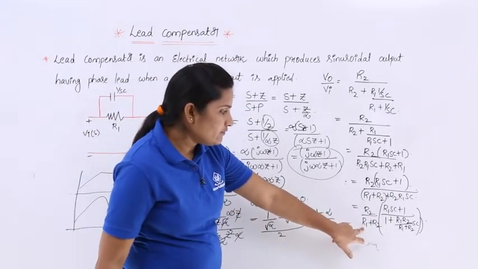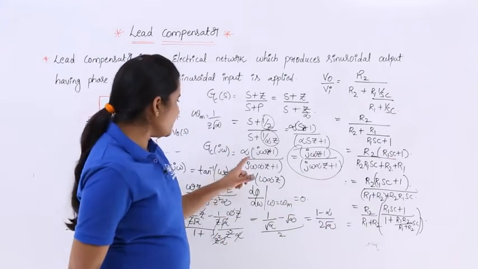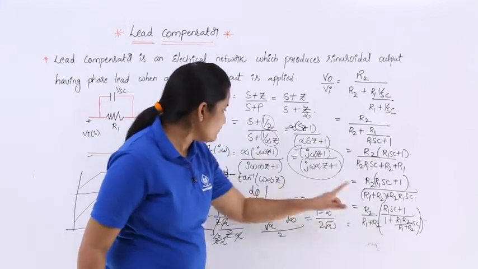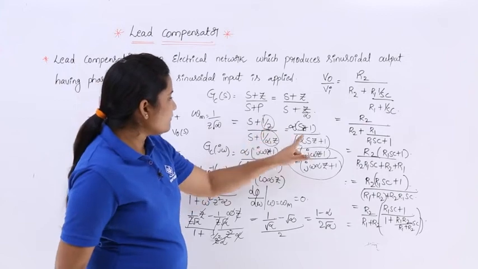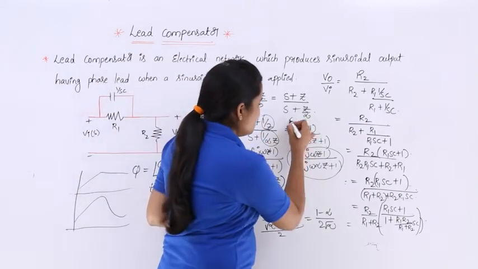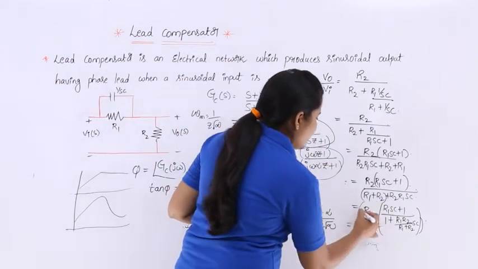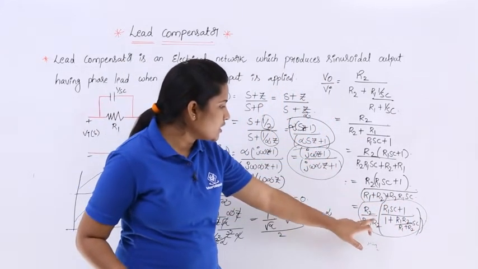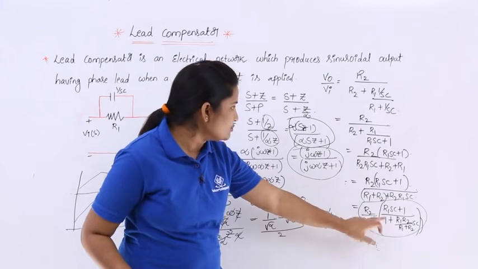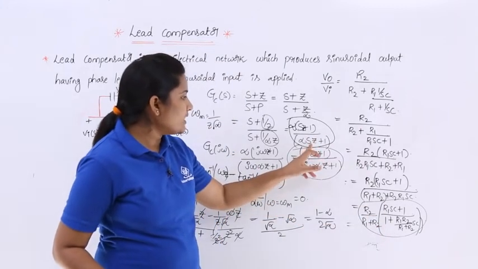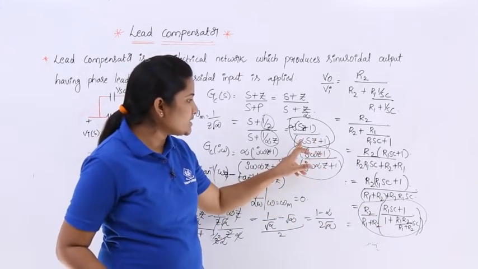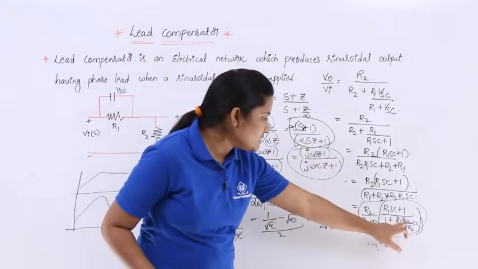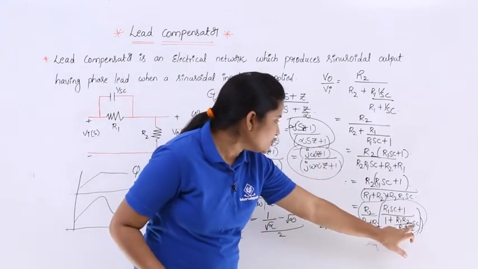Here you can compare this equation with the standard equation. Alpha is equivalent to R2 by R1 plus R2, so you have S Z alpha plus 1. In that, alpha is R2 by R1 plus R2.